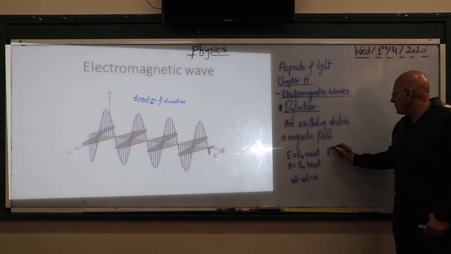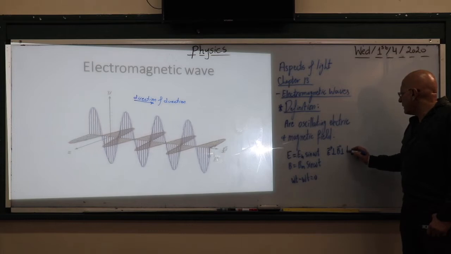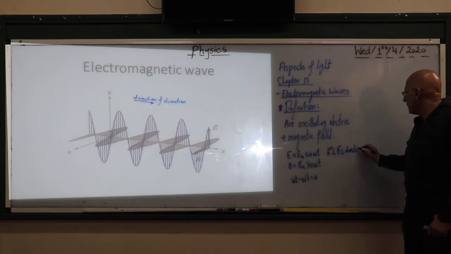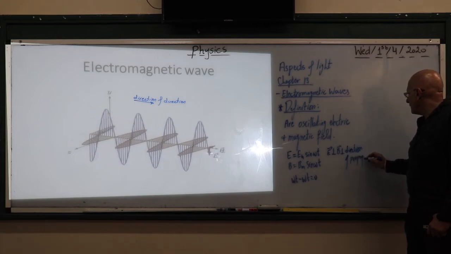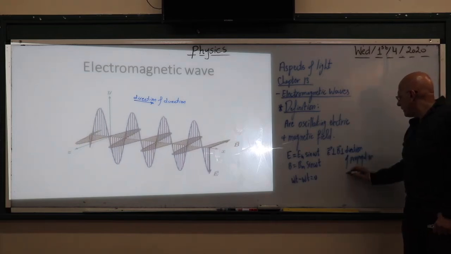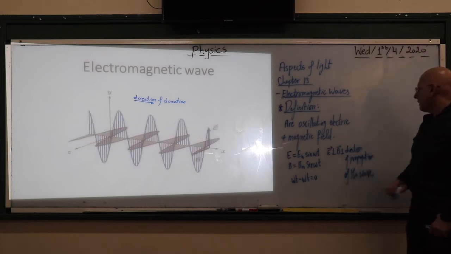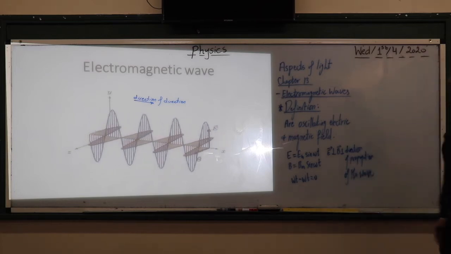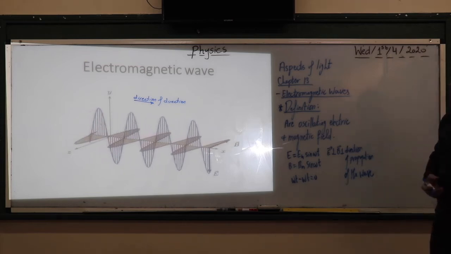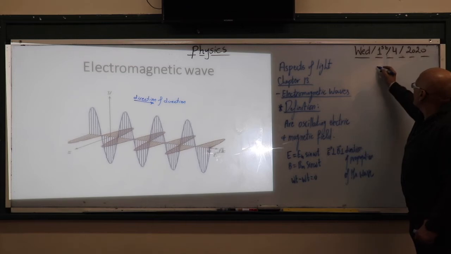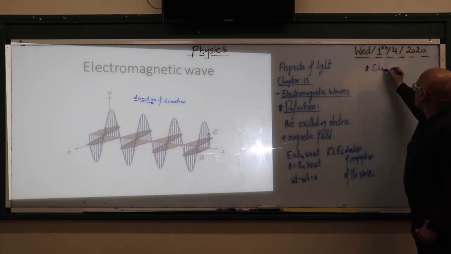Also, in addition, we said that E is perpendicular to B and perpendicular to the direction of propagation of the wave. Right. This was the definition. Now, waves have characteristics. What are the characteristics of electromagnetic waves?